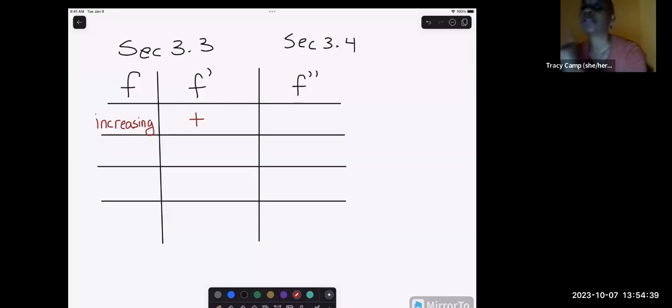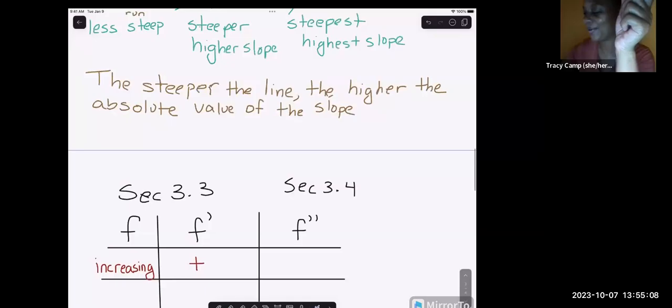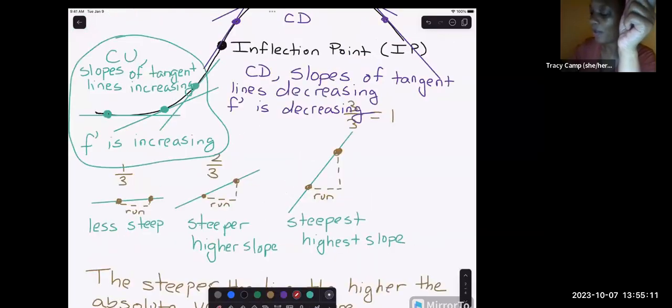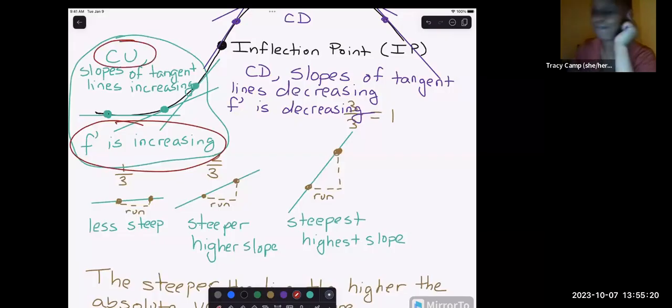F is to F prime as F prime is to F double prime, because F double prime is the derivative of F prime. So we can also say this: if F prime is increasing, then that means that F double prime is positive, which means, going back to what I was saying earlier, F prime is increasing when your curve is concave up.